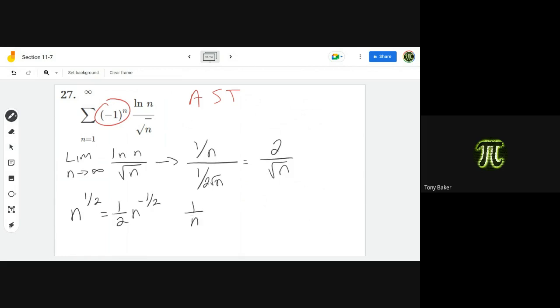Okay, I will actually write this out. So I have 2 square root of n over n, which goes to that. Remember, you keep, change, flip. That's where I flipped it over. So this fraction there flips.